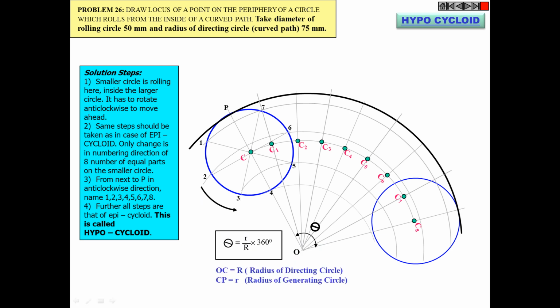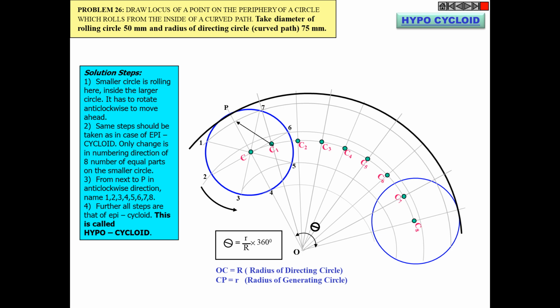So second locus point will be corresponding to center point C1, which is P1. How I will get? So I know that the length of the compass is always fixed, which is nothing but the radius of this circle, the smaller circle. Fine.